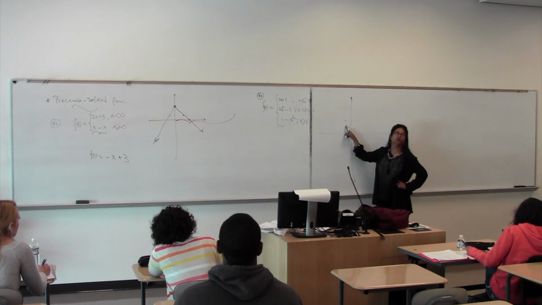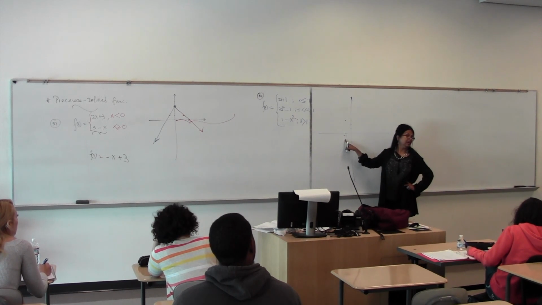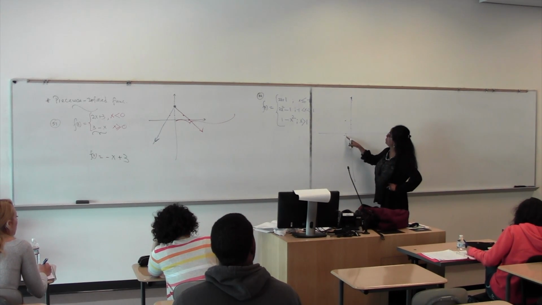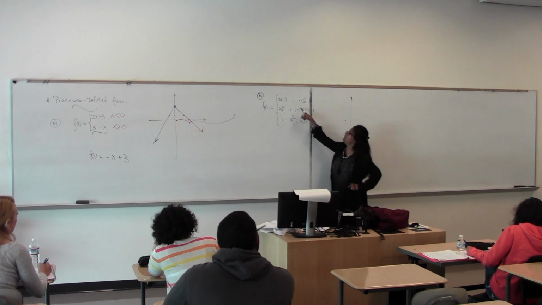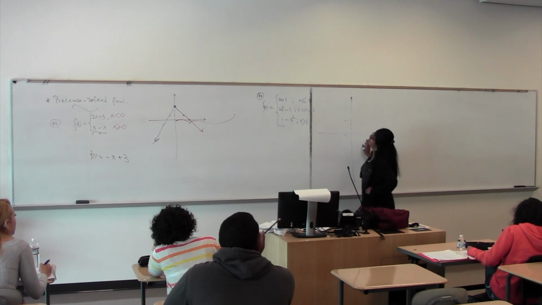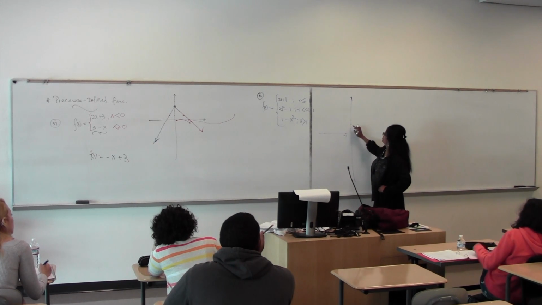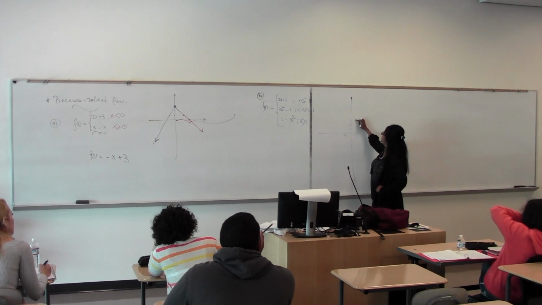So this is where we are going to start. Or you can ask, what is y when x equals negative 1? Substitute here: negative 2 plus 1 is? Oh, we went down, sorry. So you go up 2 to the right.